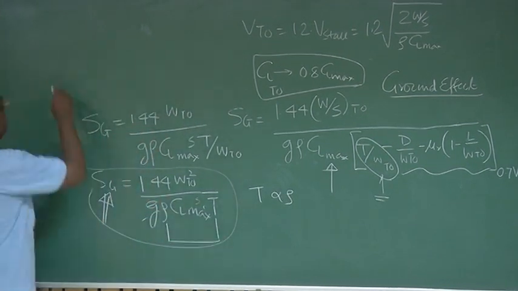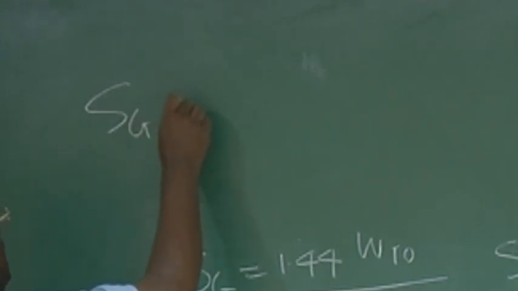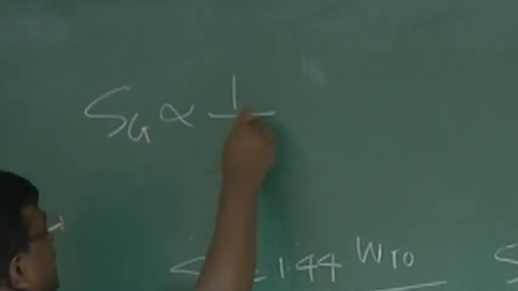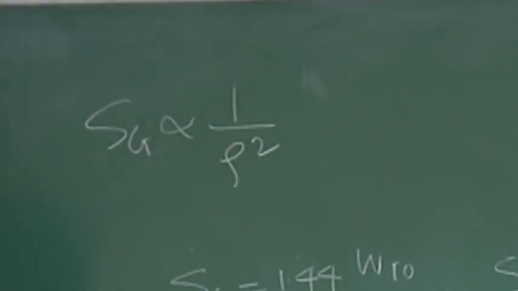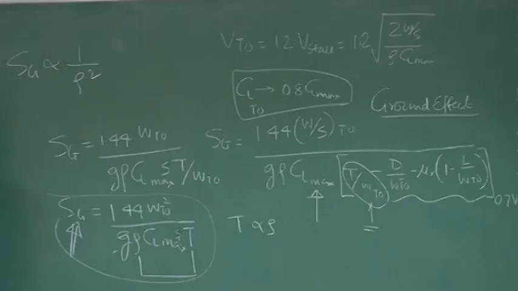So I can write SG varies inversely with rho square, just not rho. Earlier we were talking about rho, density. It is actually more than that. That is why you will find if you are trying to take off on hot summer days, then the density of air will be less, so you will require larger SG.